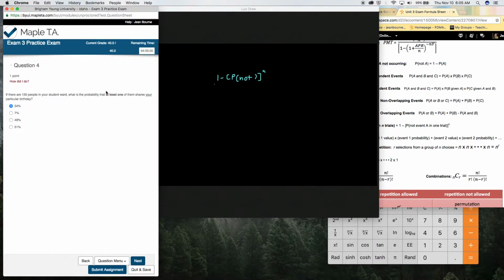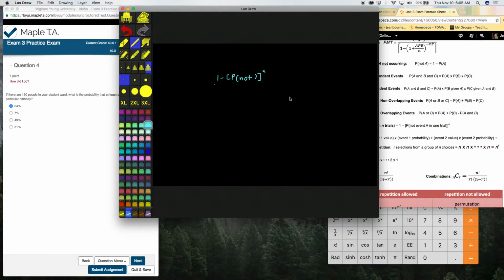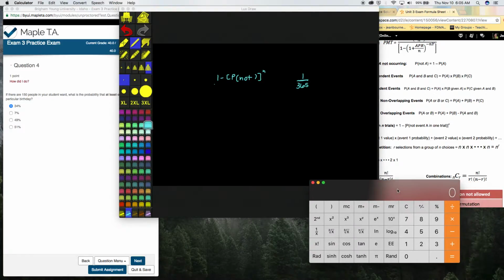The probability of a random person that I go up to at my church party having my same birthday is 1 out of 365. They're one person and they can only have one birthday, and there are 365 days in the year. So that's my probability that one of them does have my same birthday.